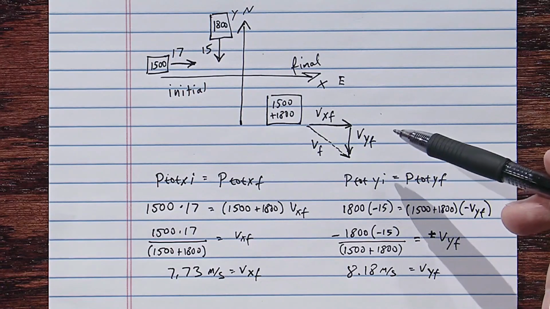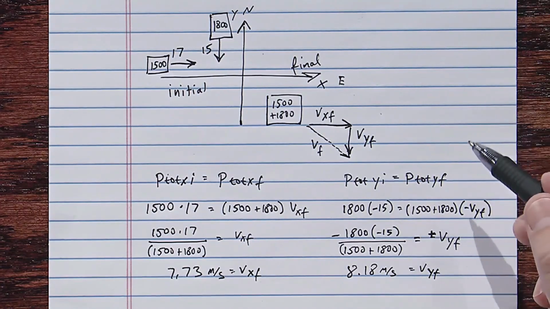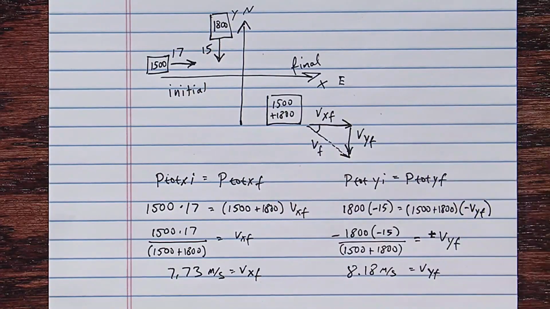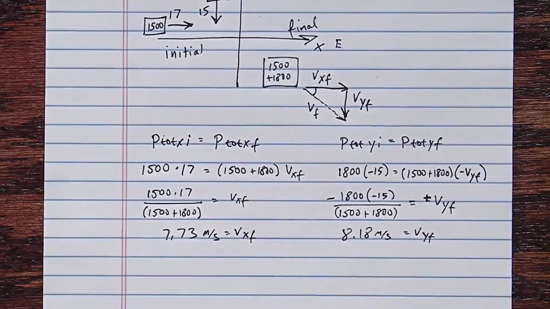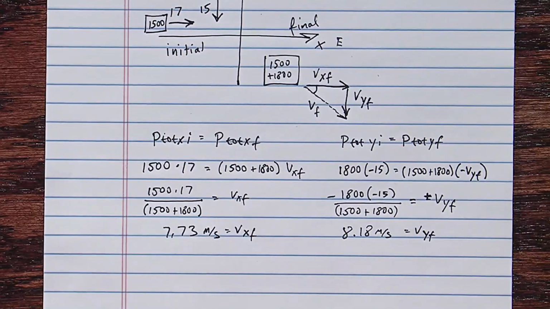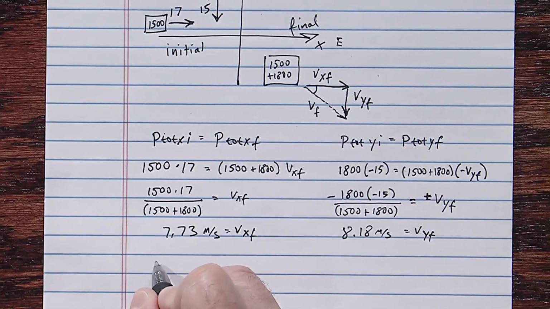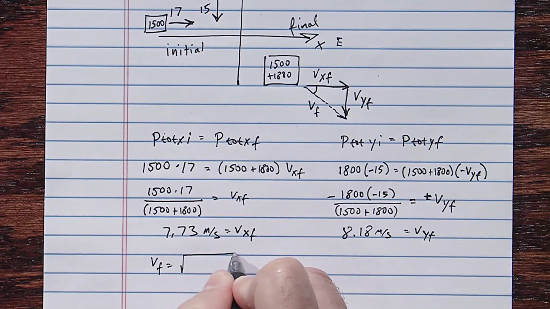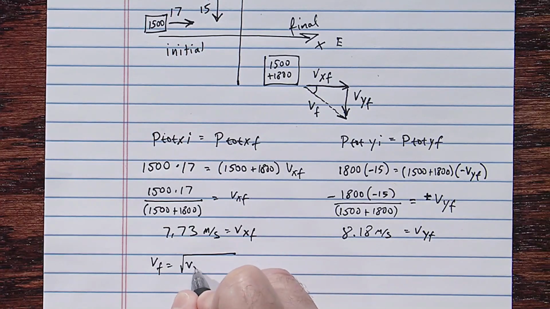We could also represent that as the magnitude and the direction. And so we would have to calculate the magnitude, which would be V final is equal to the square root of Vx final squared plus Vy final squared.